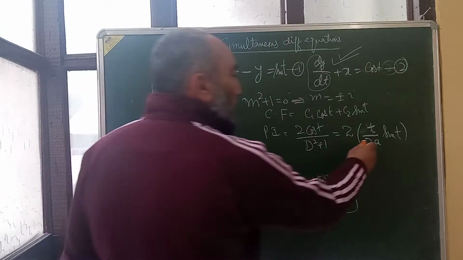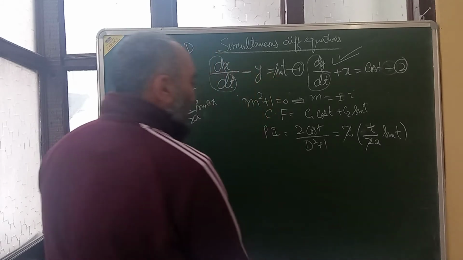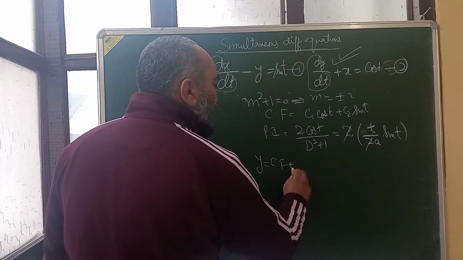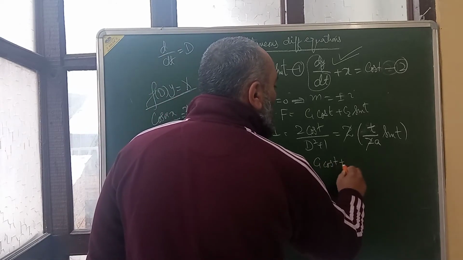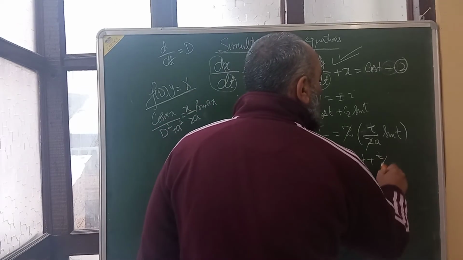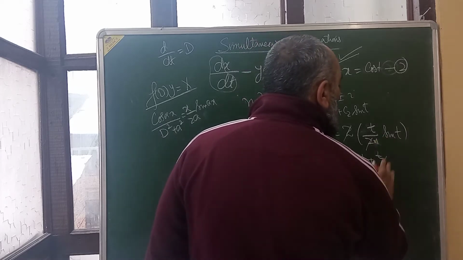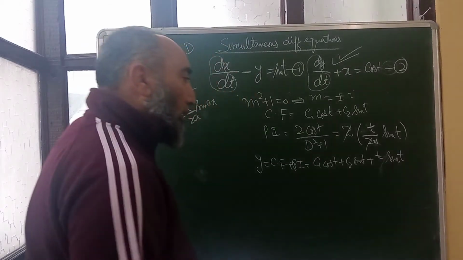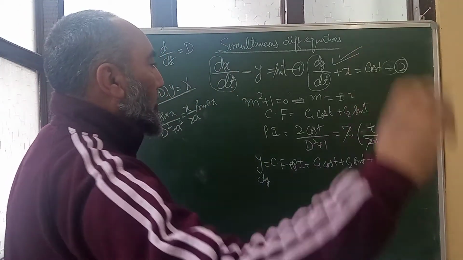This is the solution. So what is the general solution? General solution is y equal to CF plus PI: c1 cos t plus c2 sin t plus t by a, a is 1, t sin t. This is your y. When you know y, you can always find dy by dt. Oh, sorry.